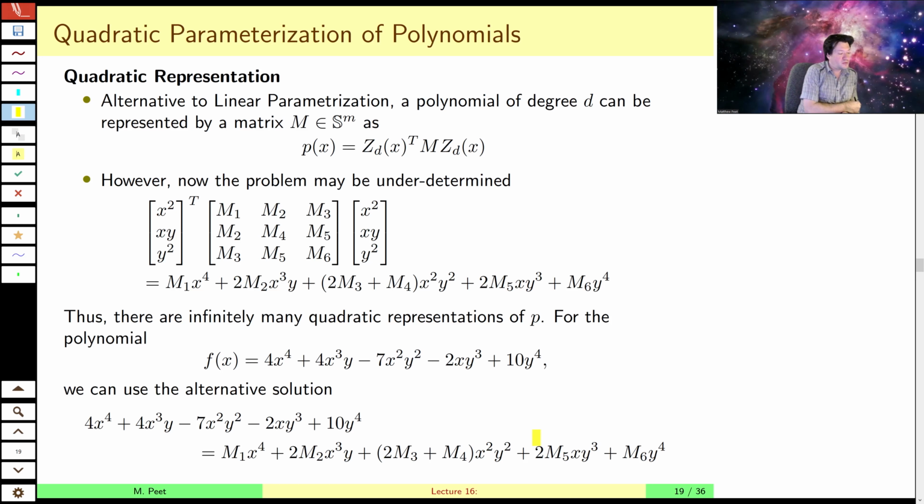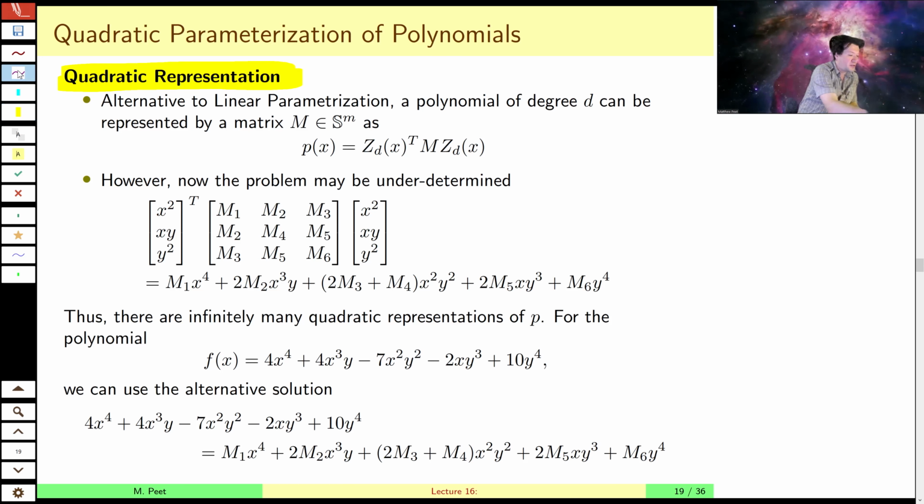Right, so to begin that process, we talked about the linear representation of polynomials. In this slide, we have to start by considering another possible way to represent polynomials.